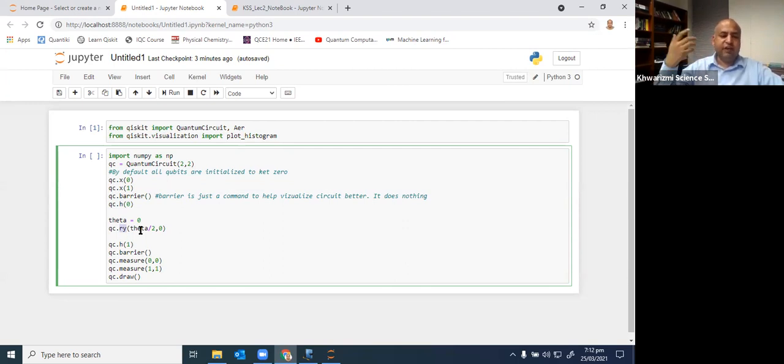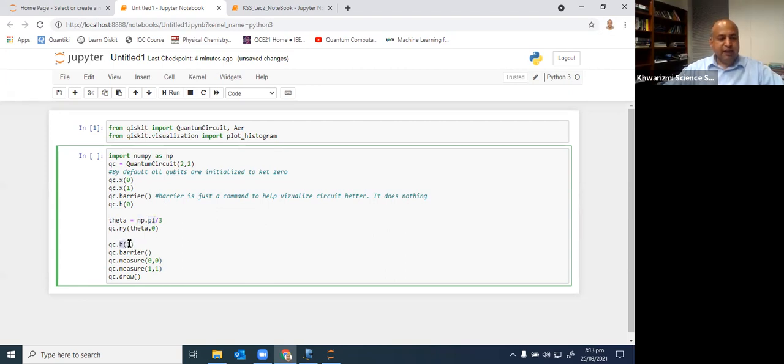You can have any rotation around any axis you want. Python has a gate to implement it. For example, I can have some angle np.pi/3. So this is pi by 3. I'm using np because np is the numpy package, and pi is not available in Python as such. So I'm calling this pi from the numpy package.